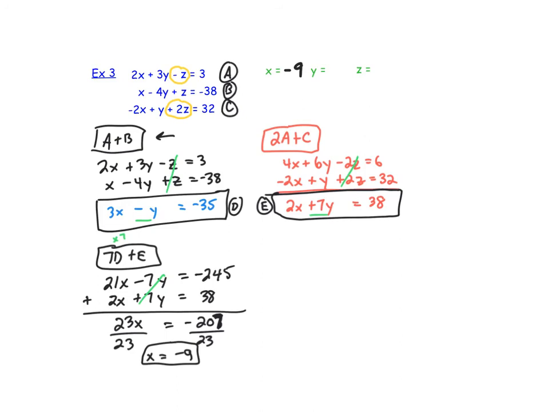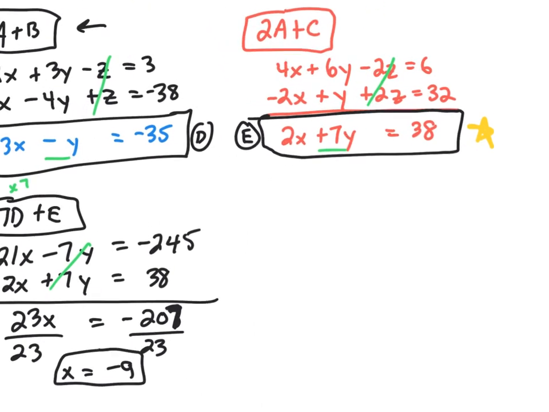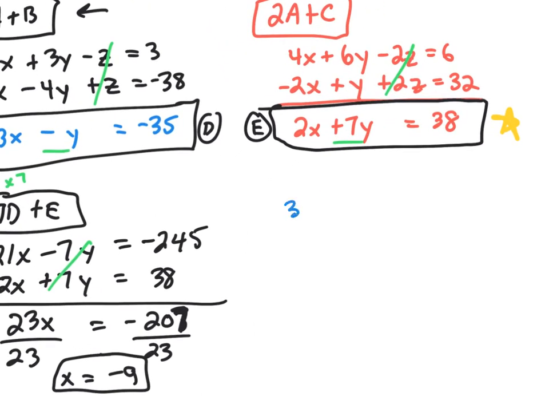Now, what we can do is take this x equals negative 9, and plug it into one of these two equations, either D or E, and solve for y. So it looks like D might be easier. It's just smaller coefficients. I don't think it really matters which one you use. So we've got 3x minus y equals negative 35.